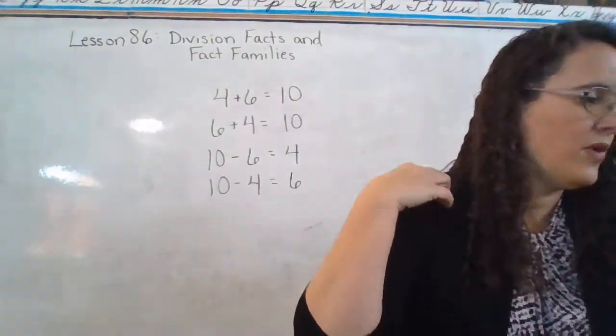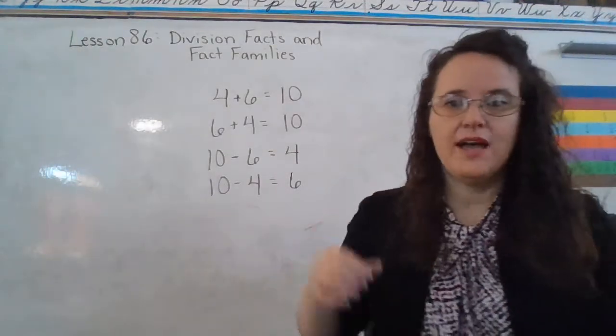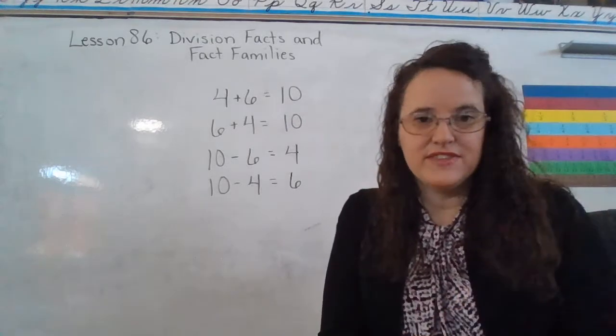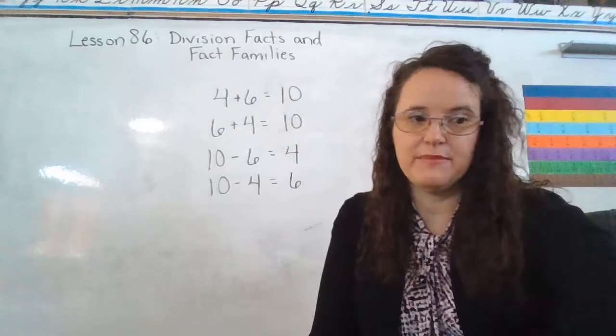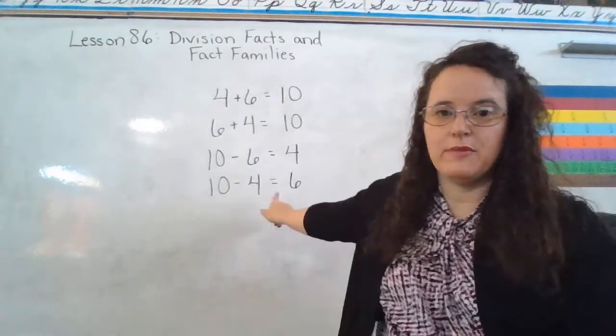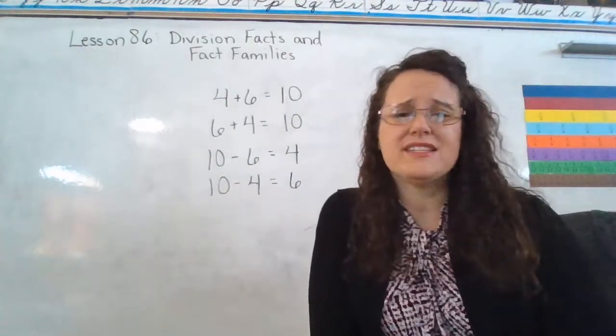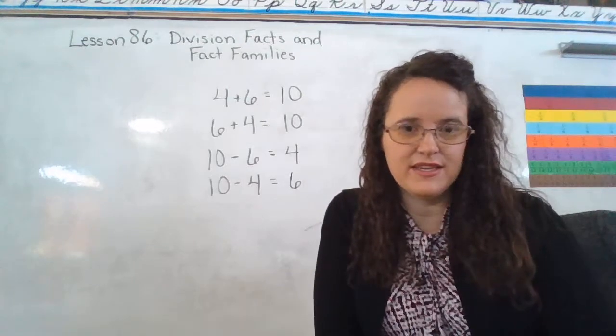Okay, so moving on, I want to compare division fact families to addition and subtraction fact families. So I've got a fact family on the board behind me. We did a ton with these at the beginning of the year.